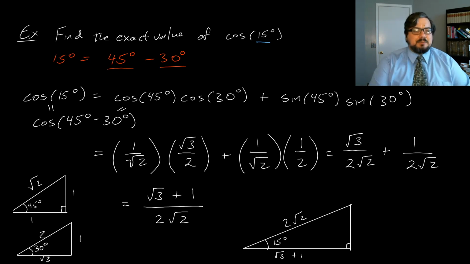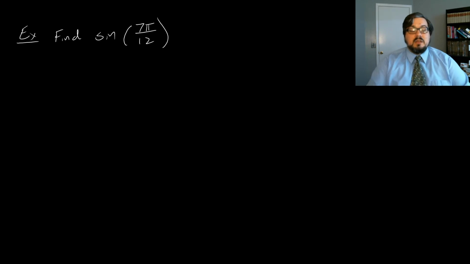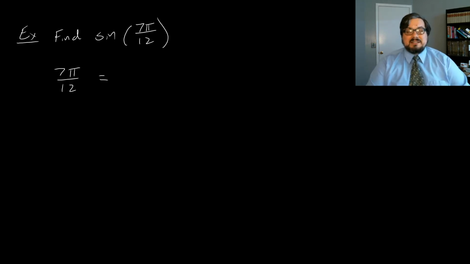Let's do another example. Let's find sine of 7 pi over 12. Now 7 pi over 12 we want to try and express as a sum or difference of angles that we're familiar with, because 7 pi over 12 is not one of our standard angles.